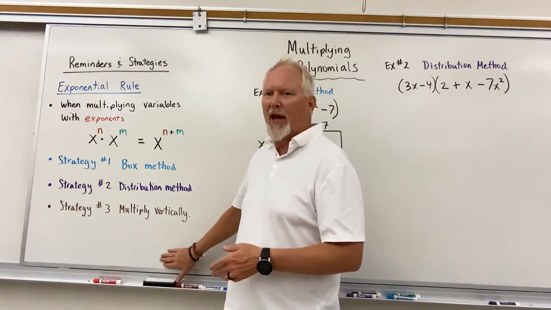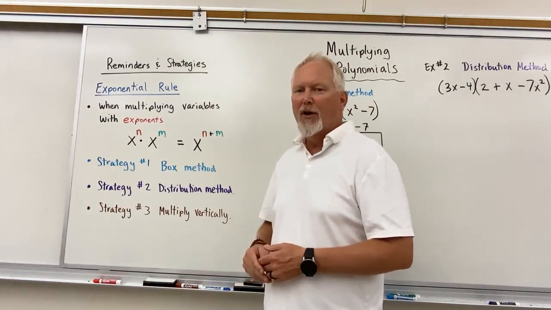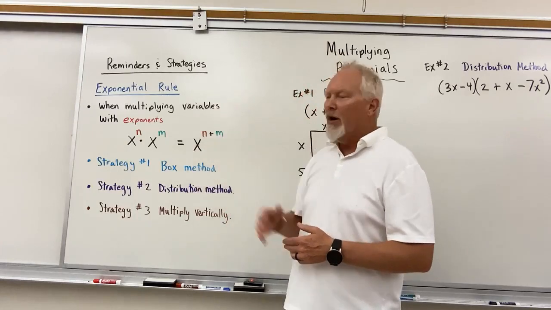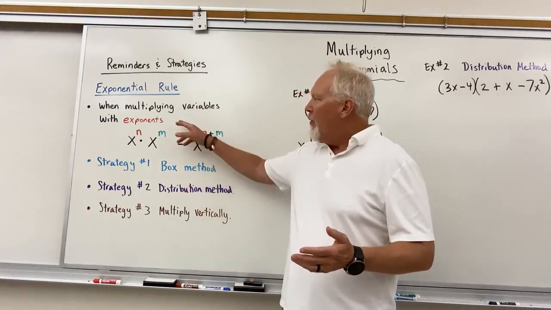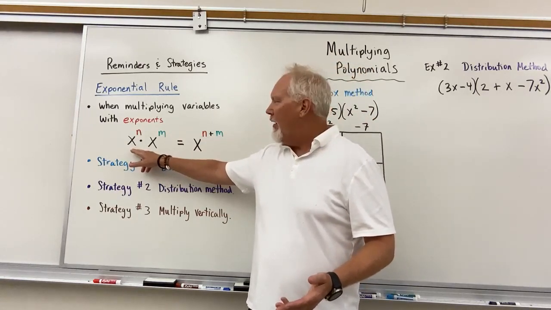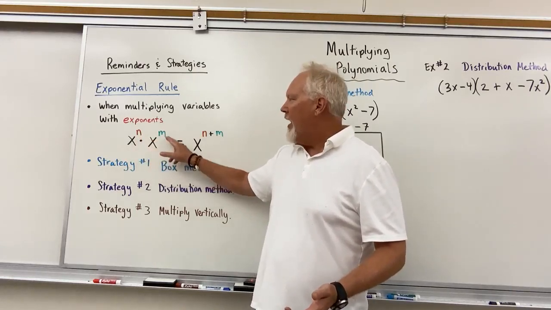All right, so let's look at some of the basic rules and reminders and strategies we have for multiplying polynomials. Number one, we've got to remember that when we are multiplying terms with exponents, we have x to the nth power times x to the mth power.